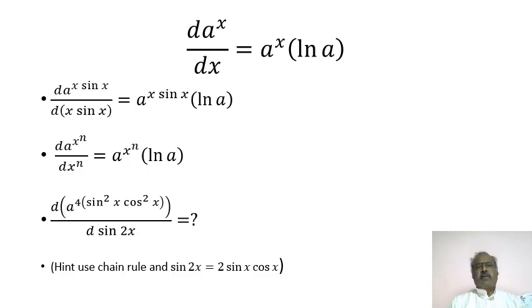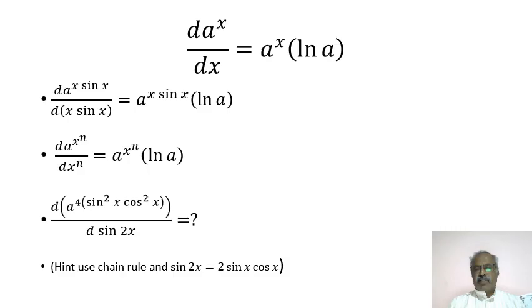Similarly, the derivative of a raised to x raised to n with respect to x raised to n will be equal to a raised to x raised to n times log a.